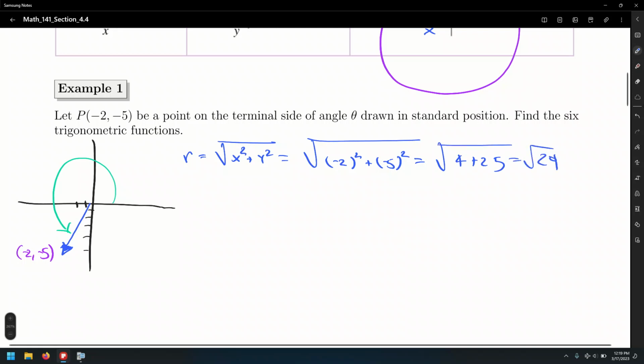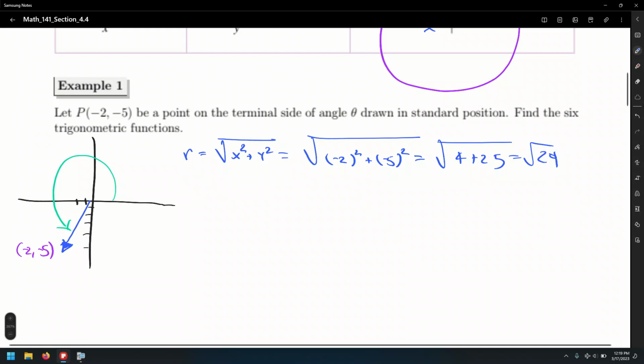In this case, we can't reduce the square root of 29. Number one, the number 29 is a prime number. Unlike other numbers, if it were 28, for example, that's 4 times 7, we can take out the square root of 4, which is 2, but not in this case.